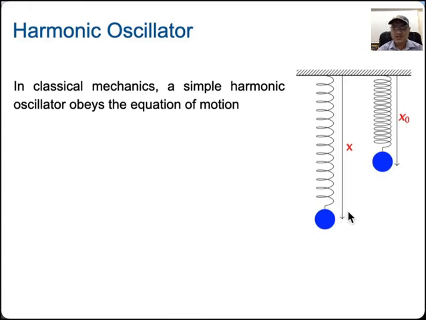Once this displacement is made, the system follows this equation, where the left side is mass m times acceleration, the second derivative of position with respect to time, and the right-hand side is the restoring force, because there will be a restoring force opposite to the direction of the displacement, where k is your spring constant.